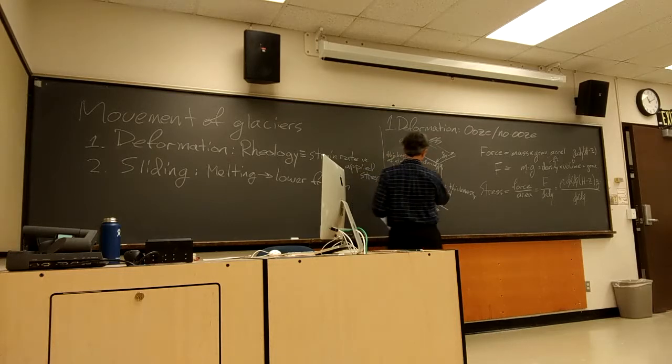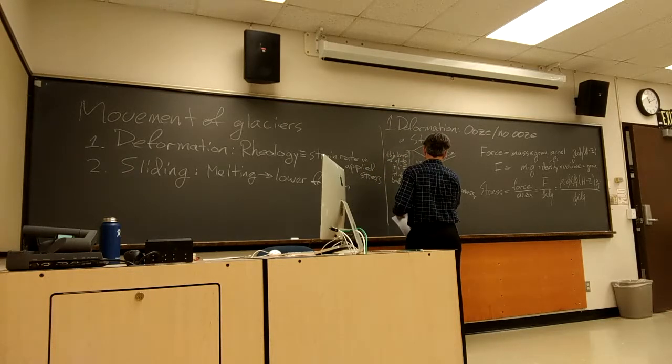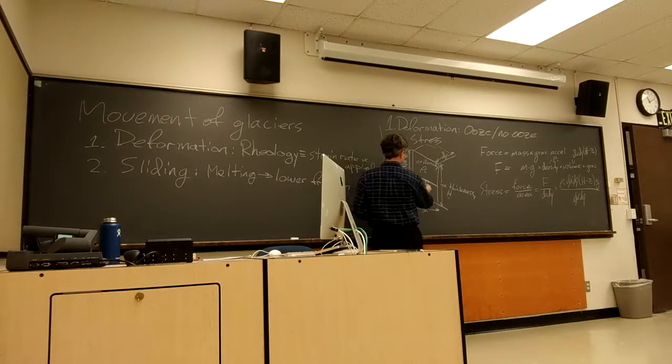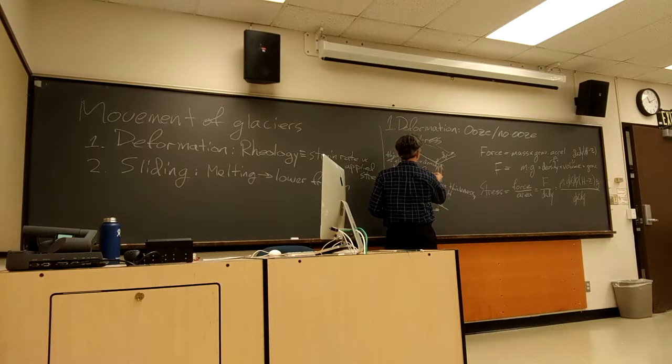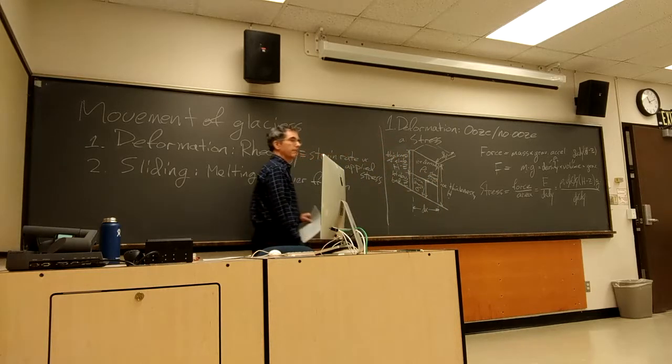And I also want to know the component that is normal to the bed, which is my normal stress. Typically we use the Greek letter sigma for normal stress. Here's my shear stress, and we typically use the Greek letter tau for shear stress.